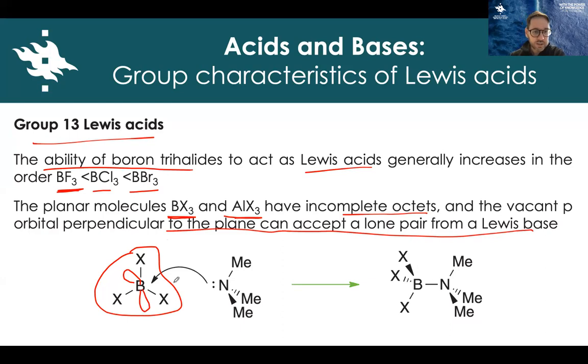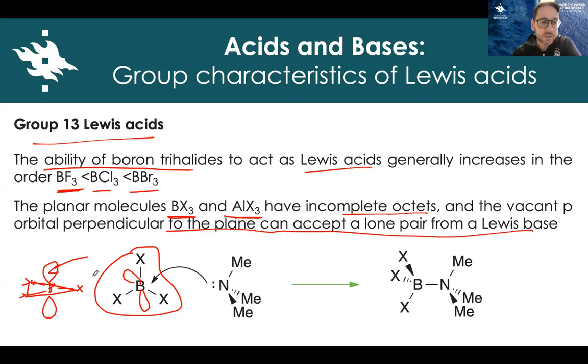So here in the central atom, this molecule is planar. So we have here the 3 halides lying on a plane. So here is a trigonal arrangement, and here in the boron or in the central atom, we have empty p orbitals perpendicular to the plane of the molecule that can accept the electron donation from the base.